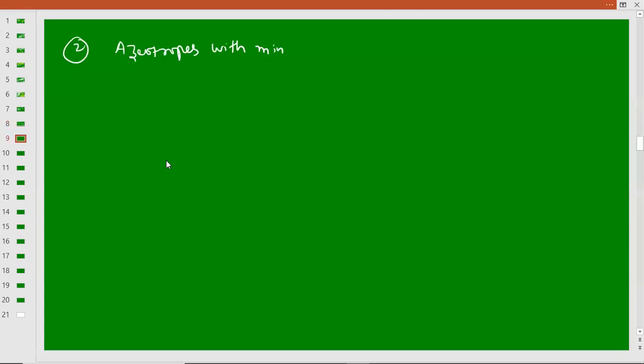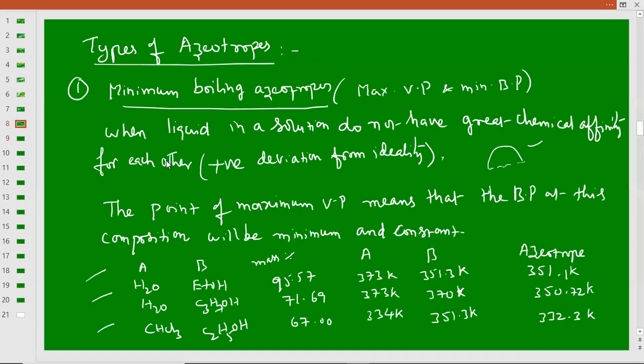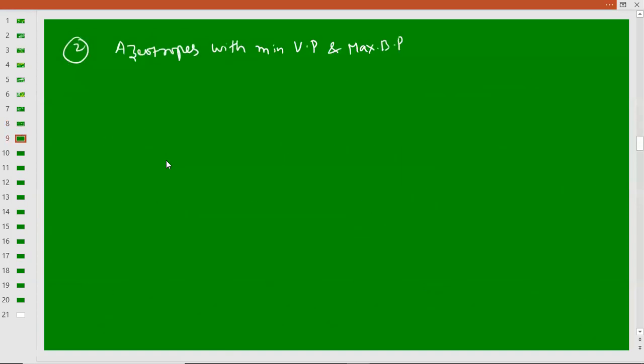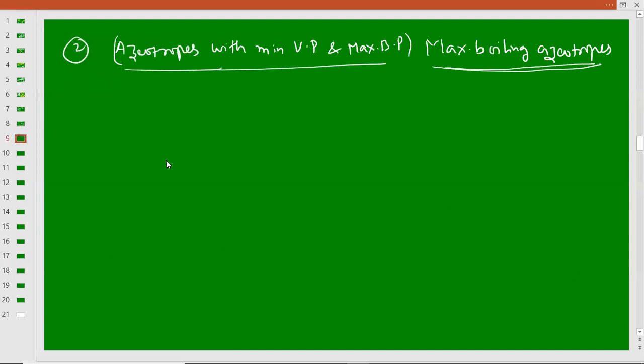The second type are azeotropes with minimum vapor pressure and maximum boiling point, so they are called maximum boiling azeotropes.